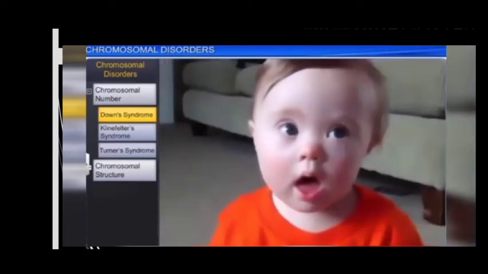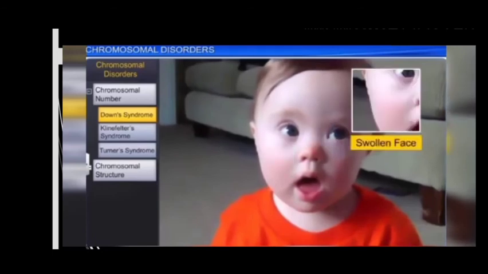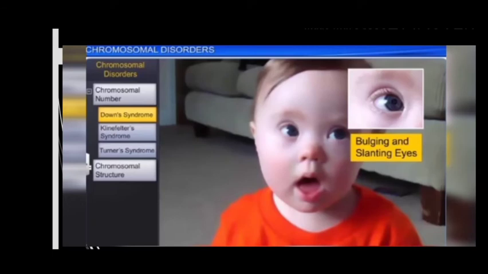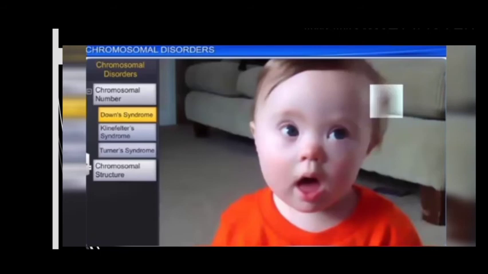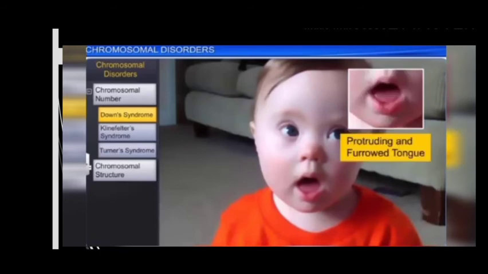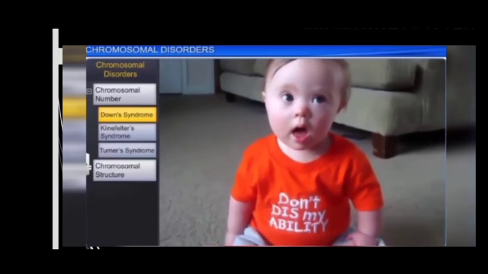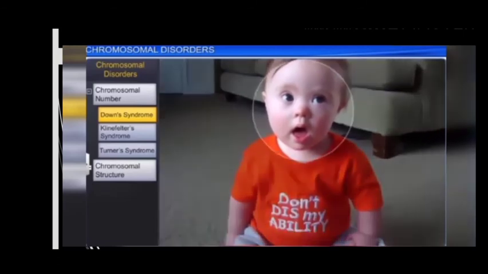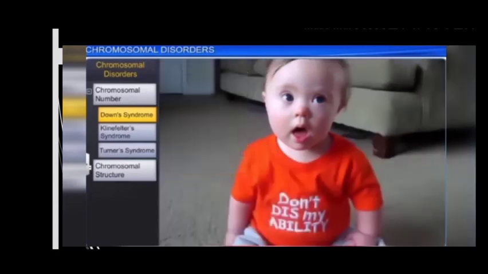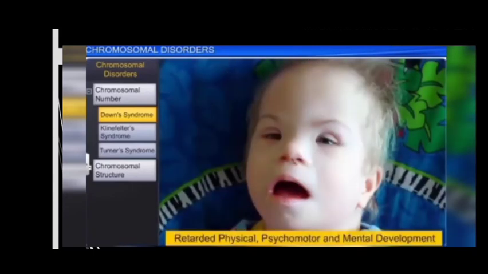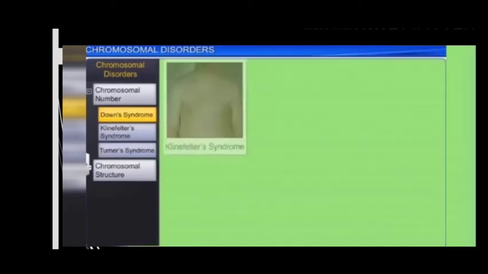The symptoms are a swollen face, bulging and slanting eyes, a small mouth, and protruding and furrowed tongue. Some other common symptoms of the disorder are short stature, small round head, and a broad palm with a single crease, and retarded physical, psychomotor, and mental development.